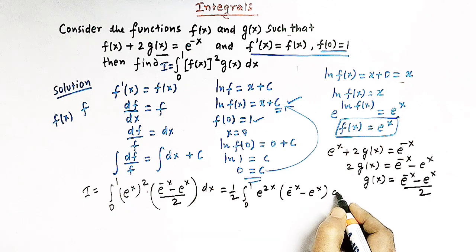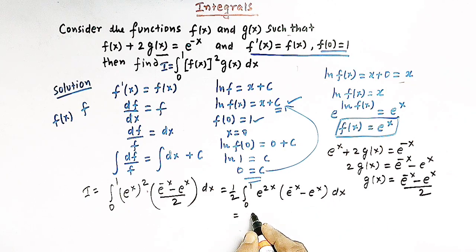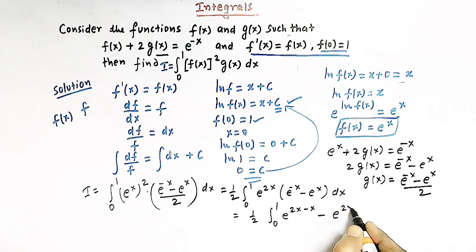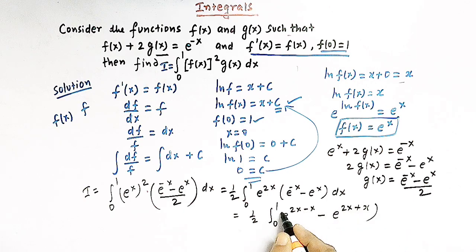raised to x dx. So we can now write half 0 to 1, and multiplying these two quantities by e raised to 2x, we have e raised to 2x minus x, then we have e raised to 2x plus x, right?